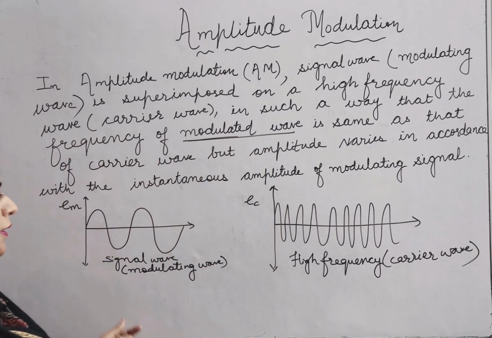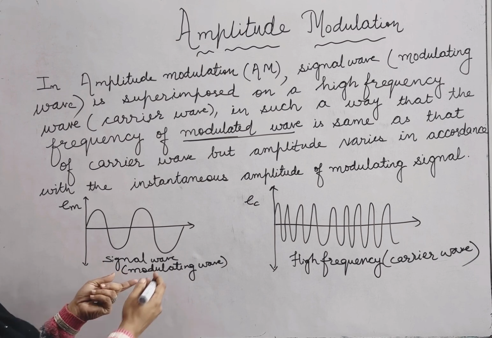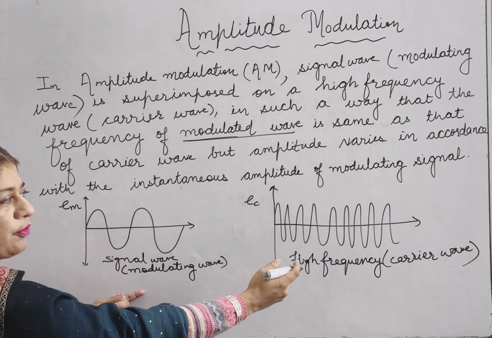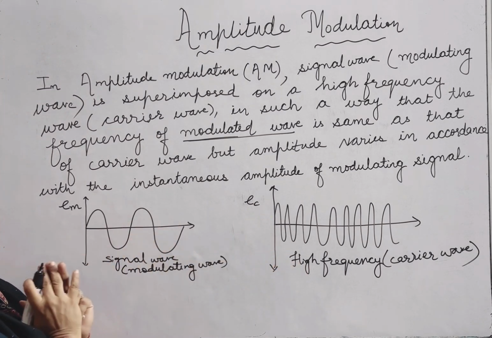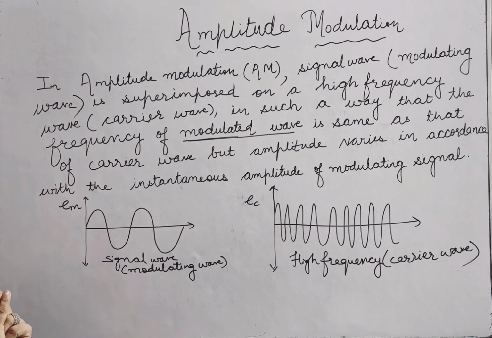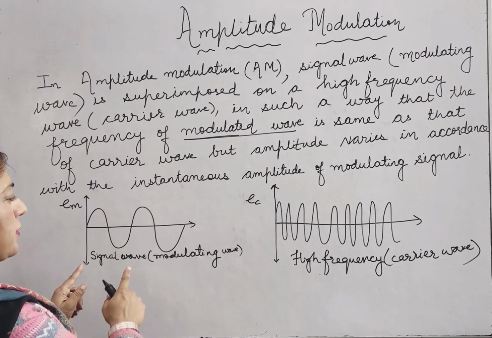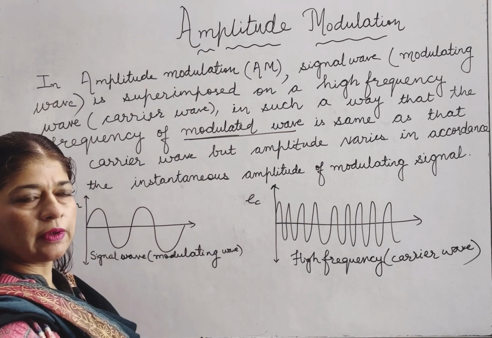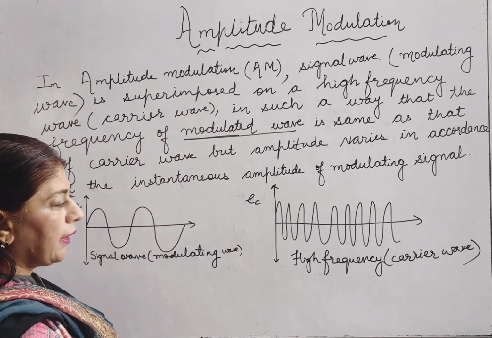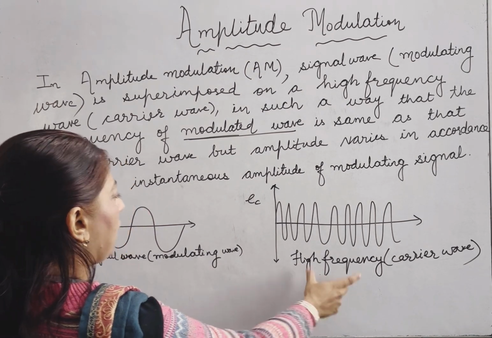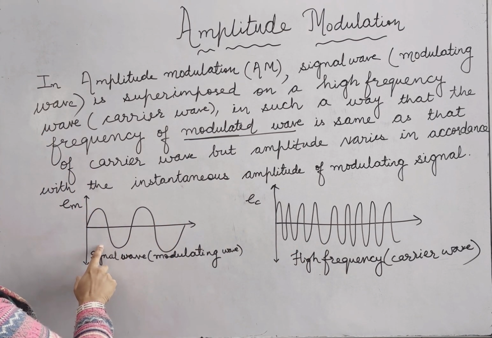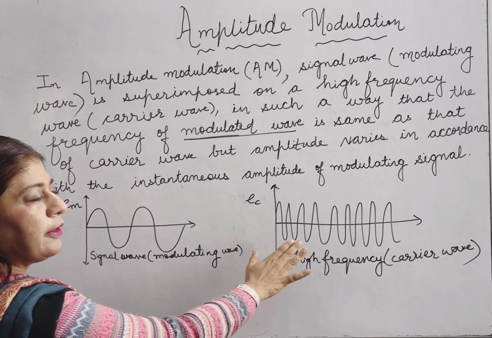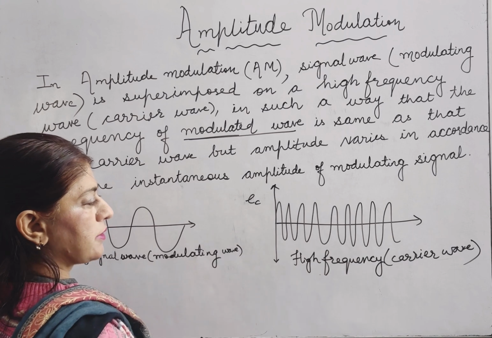Now these two waves, this is the signal and the carrier wave, these two are going to superimpose. Now this signal wave is superimposed on high frequency carrier wave in such a way that the high frequency will have the amplitude as that of the signal wave, but its frequency remains the same.